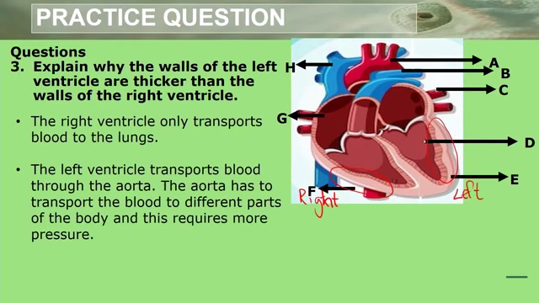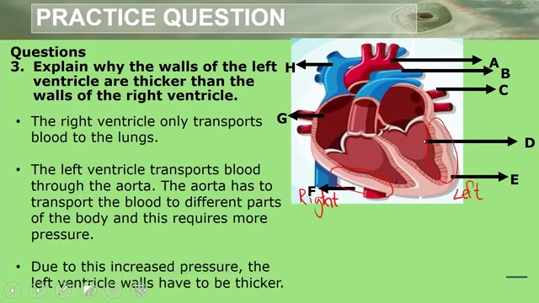The aorta then has to transport the blood to different parts of the body, and this requires more pressure. Due to this increased pressure, the left ventricle walls have to be thicker. So this shows why there is a difference in the thickness of the two walls. The left ventricle has a thicker wall compared to the wall of the right ventricle.